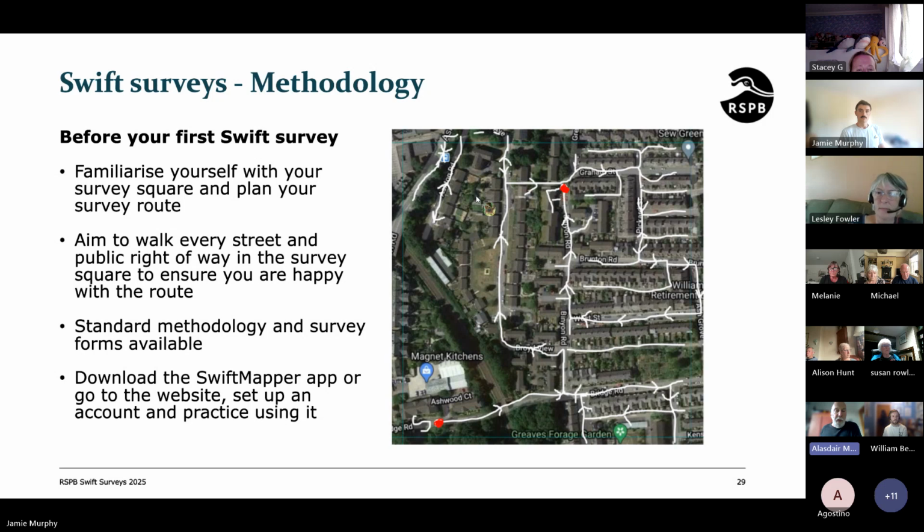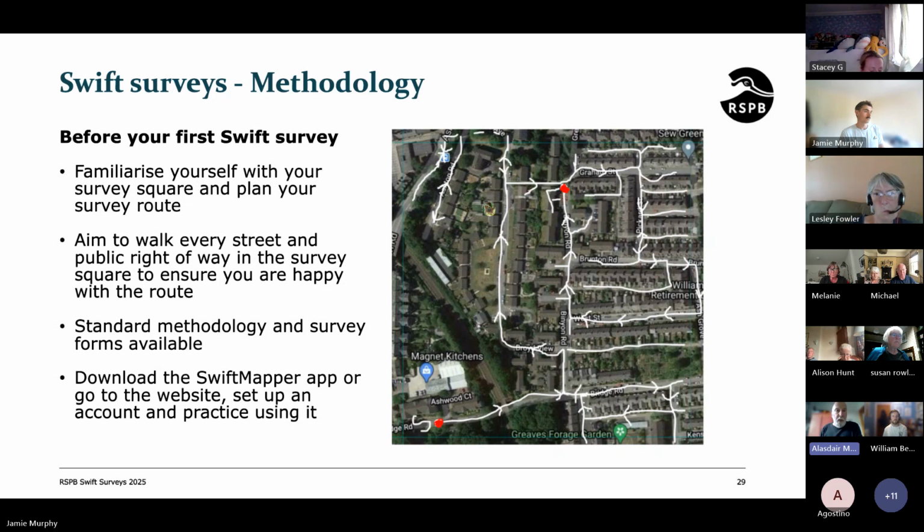We've got everyone's email, so we'll send that information to them. And as far as actually recording the data, it's up to you how you record it. At the time, you may want to take a clipboard and a pen or pencil and just write down what you've seen. But where we want to collect the actual data is on SwiftMapper, which is an app developed by the RSPB in conjunction with Swift Conservation, the BTO, and a software developer.